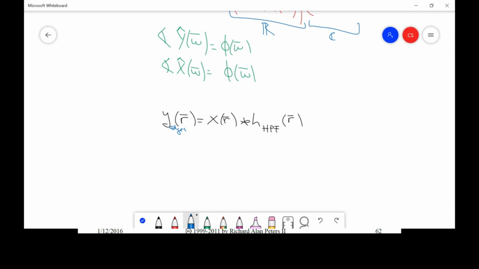What happens if now I construct a new image that will be I sharpened? That is the original image, that is X, plus this thing, this X of R convolved with the edge here.